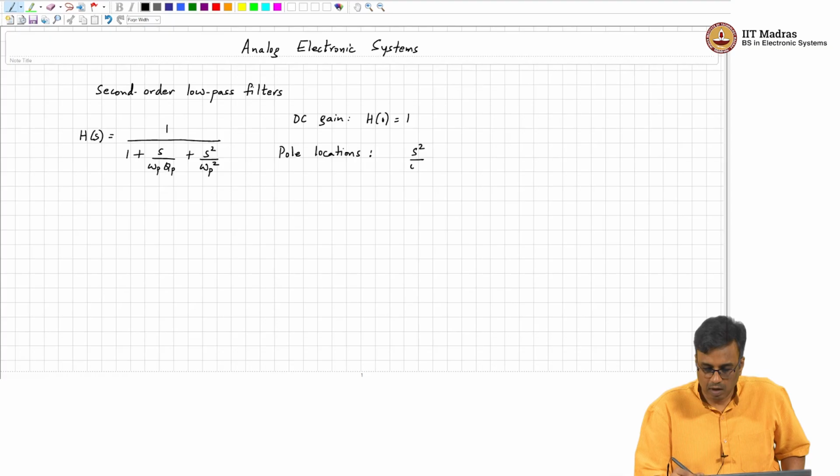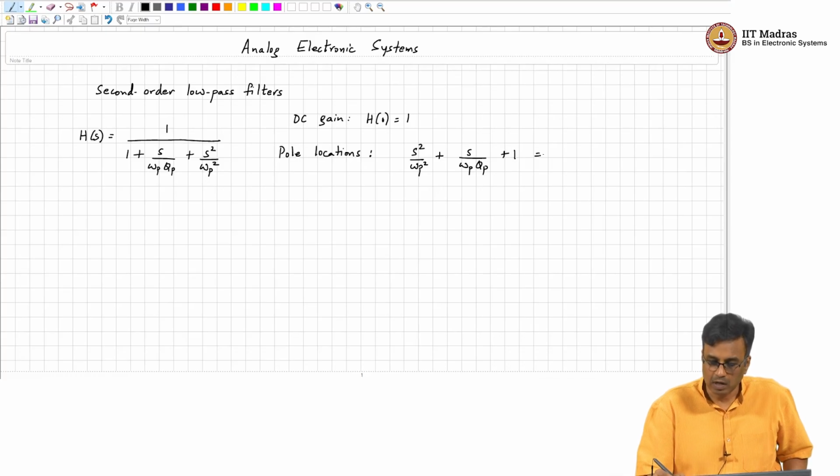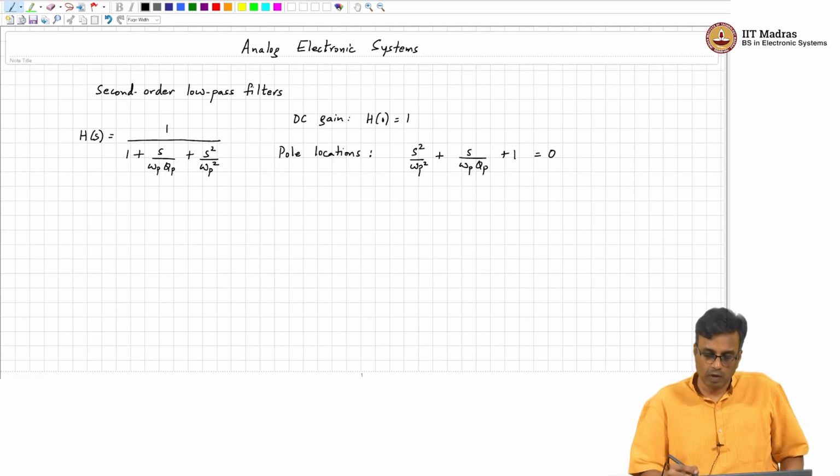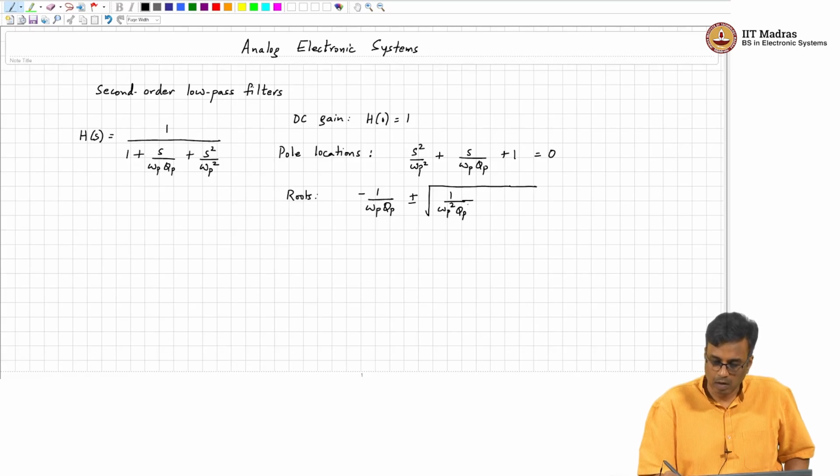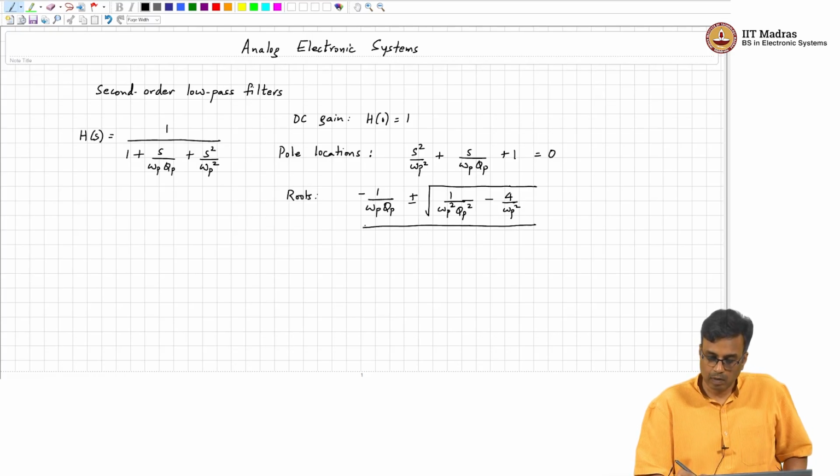This is now a second order equation: S squared upon omega p squared plus S upon omega p Q p plus 1 equal to 0, all right, and therefore, the poles are at minus b plus minus square root of b squared minus 4 omega p squared, divided by 2 over omega p squared.